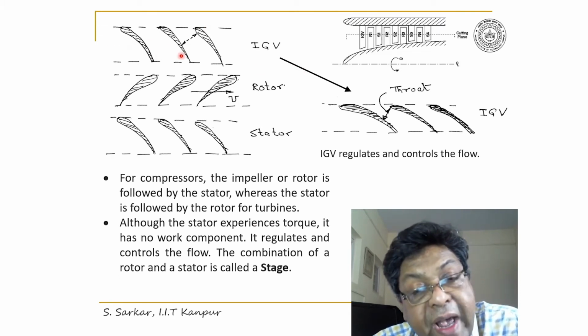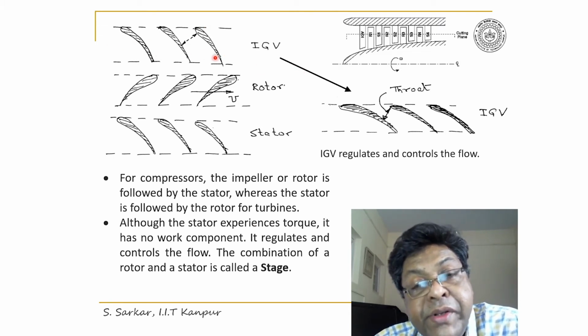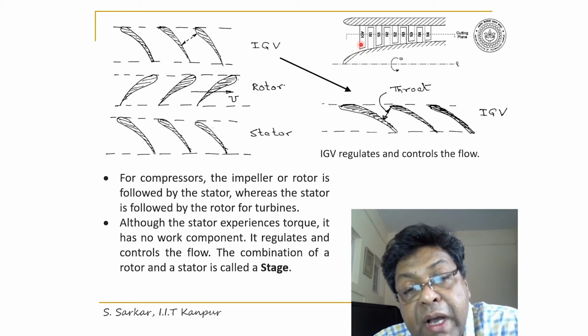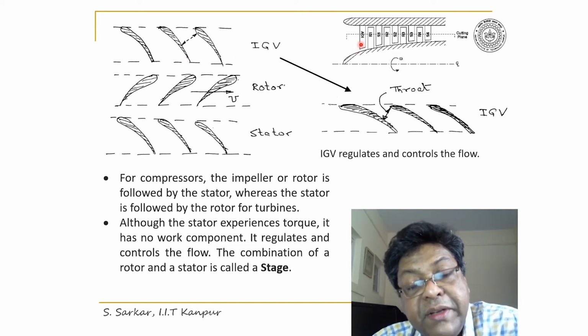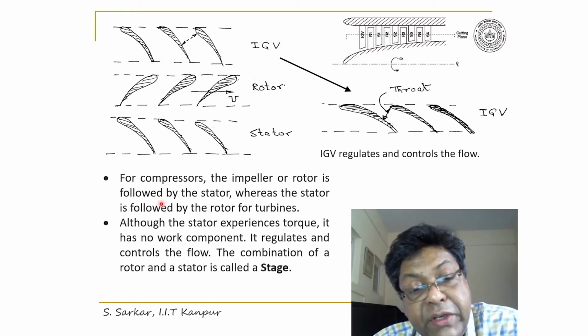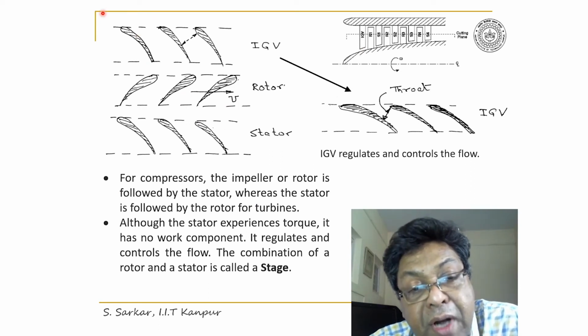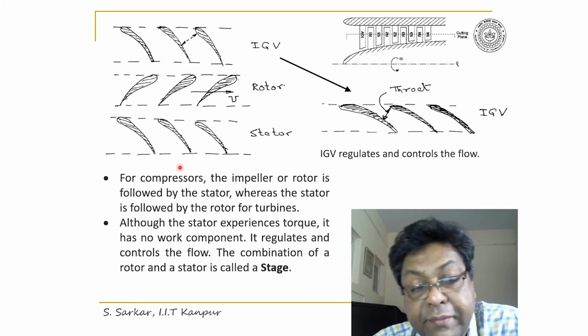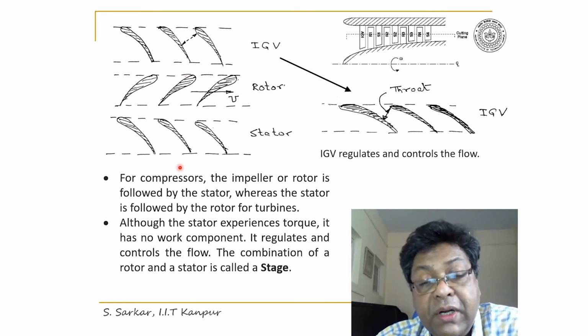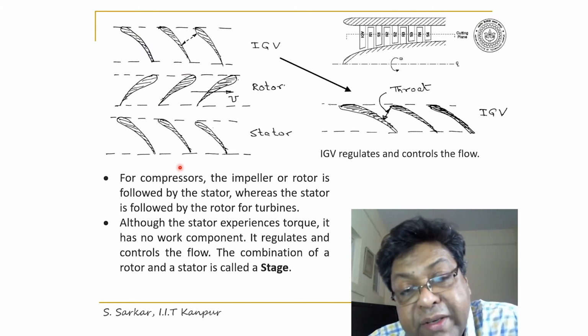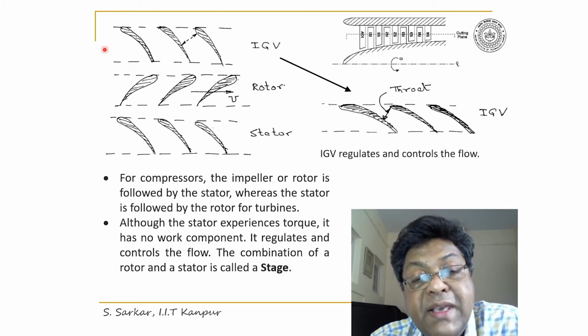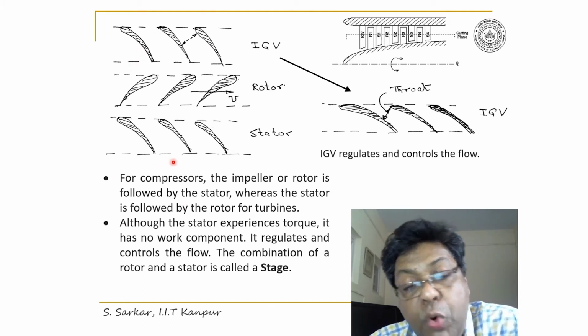The first array here is nothing but IGV, that is inlet guide vane, followed by the rotor and then stator. The flow will turn through this IGV, rotor and stator, but rotor rotates about the axis, whereas IGV and stator are stationary components.